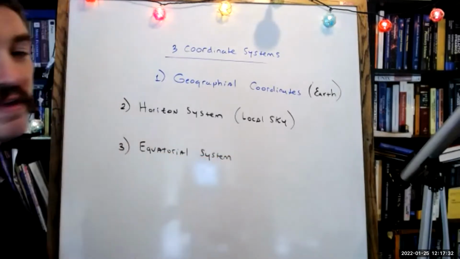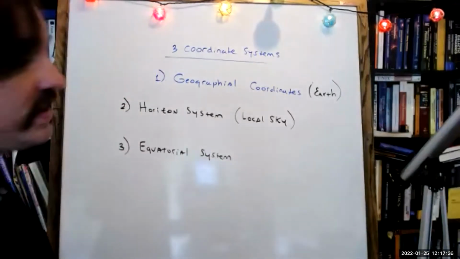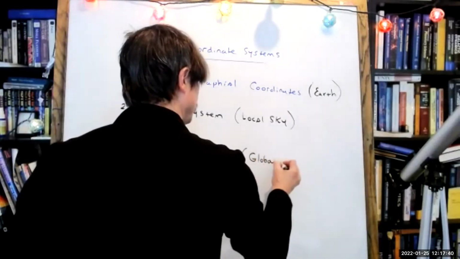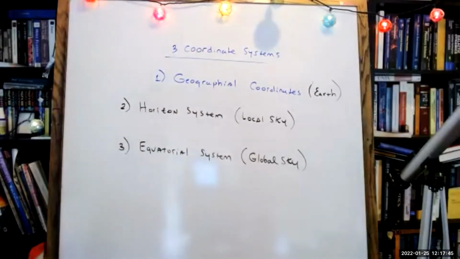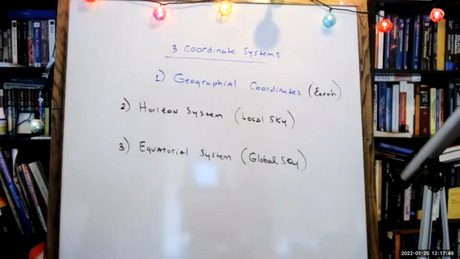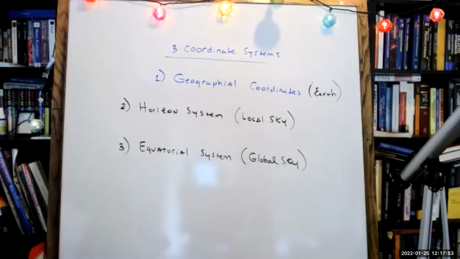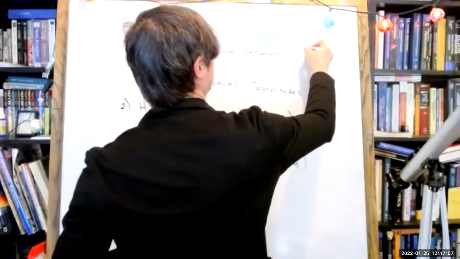The equatorial system is sort of like a latitude and a longitude for the celestial sphere itself. So these are global sky coordinates that are the same for all observers on Earth. The horizon system depends upon your location. Let's not forget that all of these coordinate systems are angles.